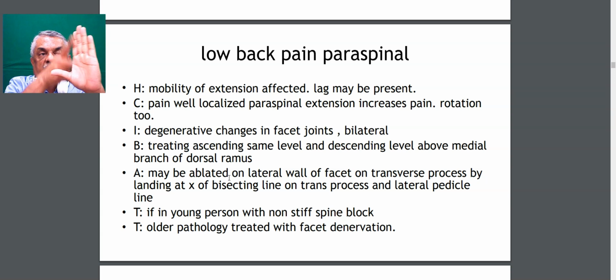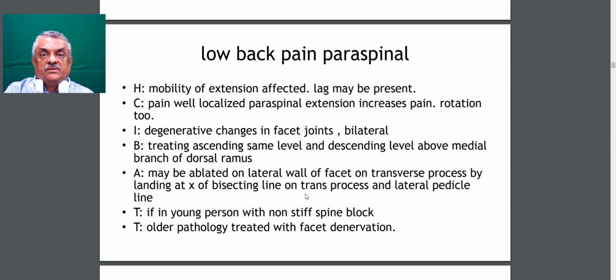You can show it like this. This is the pedicle wall. This is the transverse process. The nerve is here, which you have to treat. It may be ablated on the lateral wall there by landing at the crossing of the line bisecting the transverse process and the lateral pedicle line.